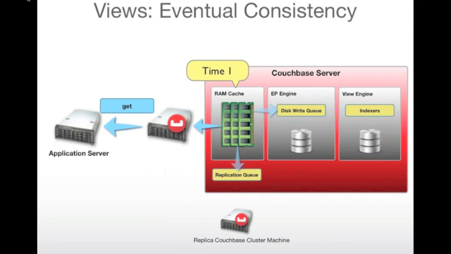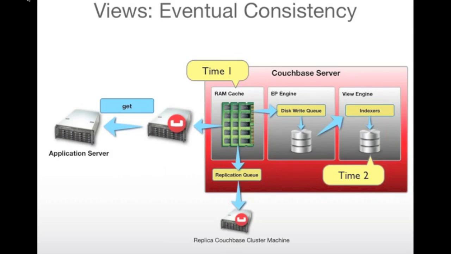Views get updated after the data gets on disk, goes to the indexer, and then updates the index. Then those results will show up when you query the view at time 2. So there is a time gap, and it can be extremely short, but there is a time gap between time 1 and time 2. It has to get on disk first, and then be indexed, and then it's in the index. So views are eventually consistent.